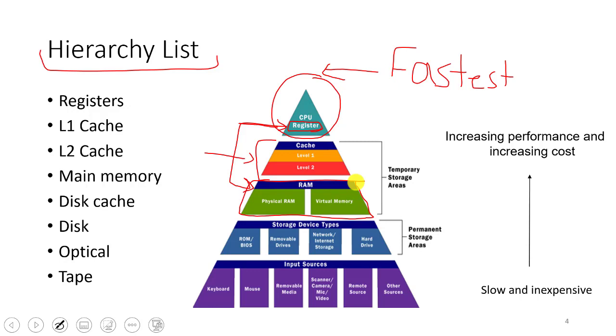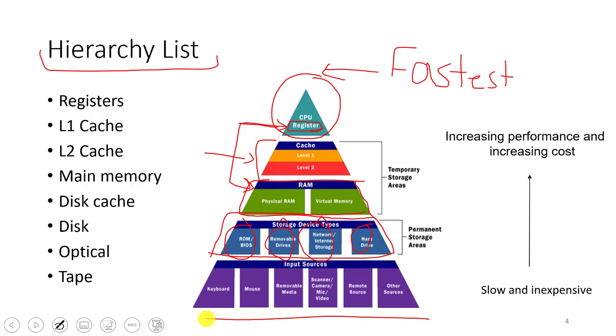Next, we have the secondary storage elements, which are the ROM, removable drives, network attached storage, and hard drives. These sit just below the RAM. And finally, at the base of the pyramid, we have the slowest memory components, which are keyboard, mouse, removable media.